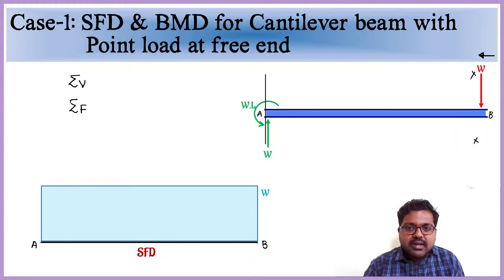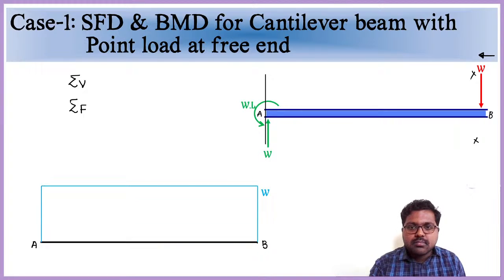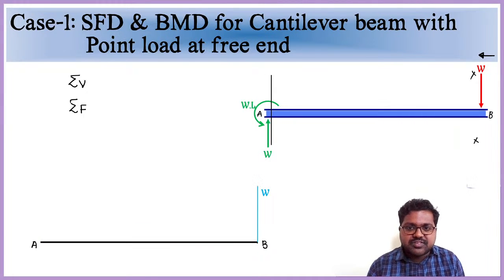See, if I consider from the left hand side, then here check it, we are having W, right? If I take the section simply here first, so what will happen? From the left hand side, left hand upward, LUP, left hand upward is positive.